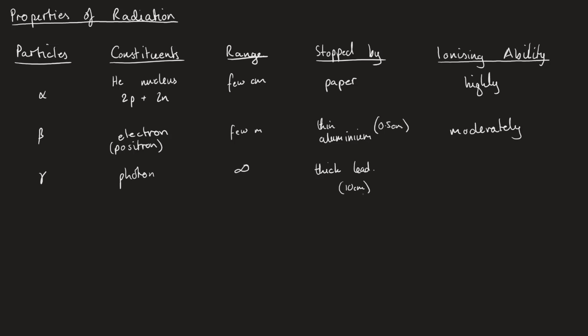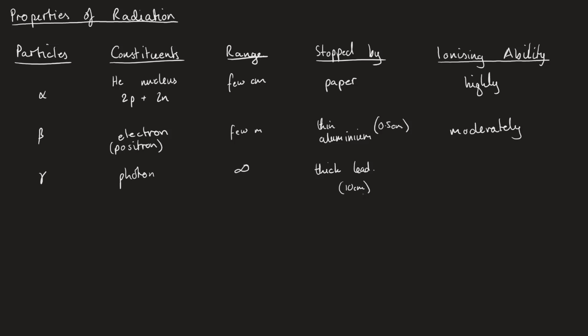If we have anything smaller than that, it has a smaller chance of stopping the gamma rays from passing through, but it does reduce the intensity. And we'll look a bit more at how the intensity of gamma rays changes in the latter part of this video.